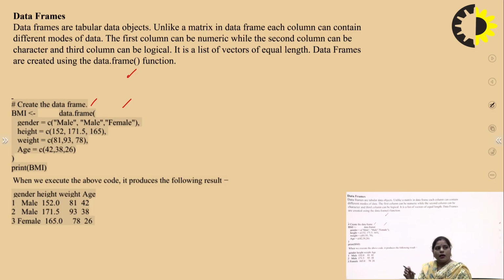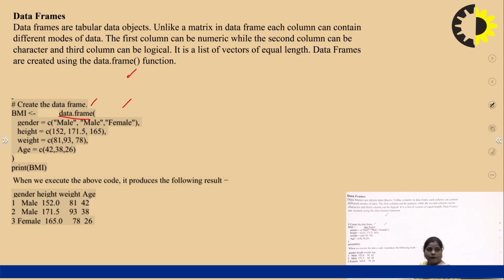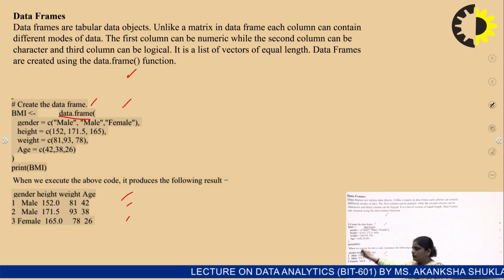The combination of these is basically handled by the data frame function, and inside this function we have vectors of different modes of data. So when we use the print command, or execute this particular command, we get the results in tabular format.